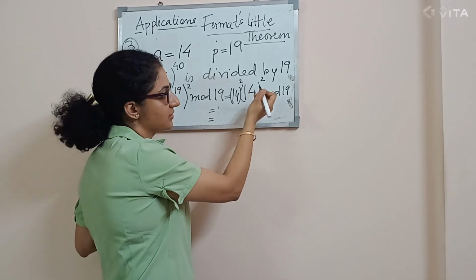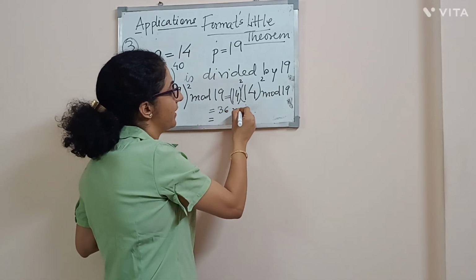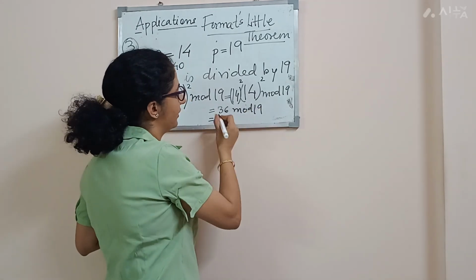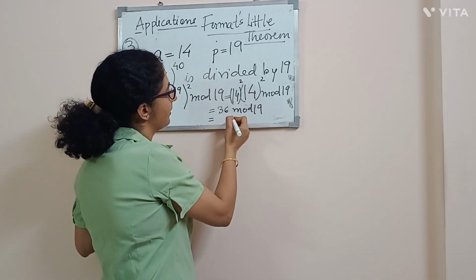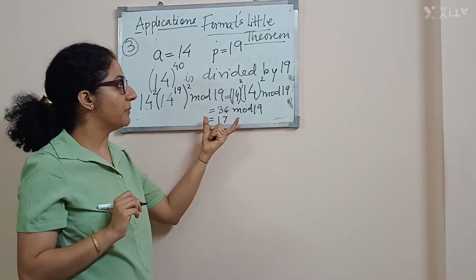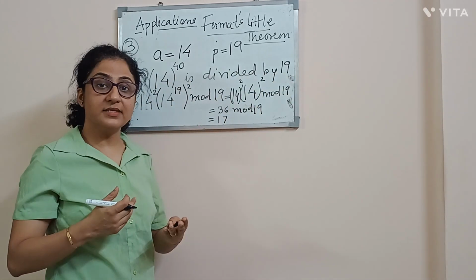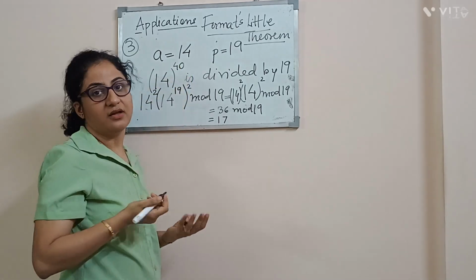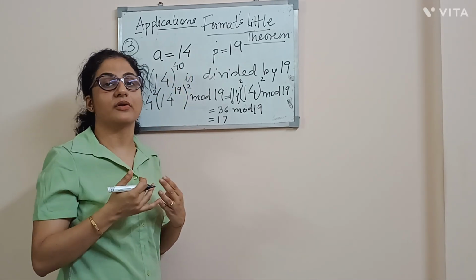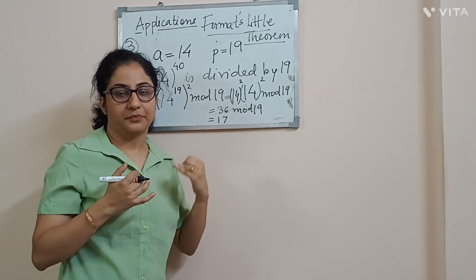Similarly, this would also give you the 6. So 6 into 6 is 36. 36 reduced by 19 will give you 17. So 17 is the answer. So 17 would be the remainder if you divide this number by 19. Otherwise, you have to calculate all the way. So you can understand the level of calculation. It actually reduces that a lot.